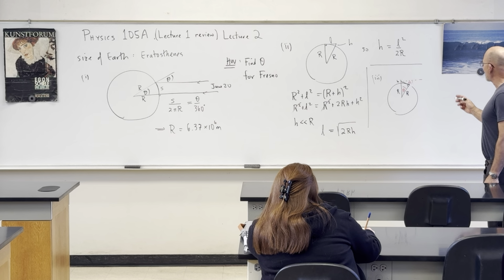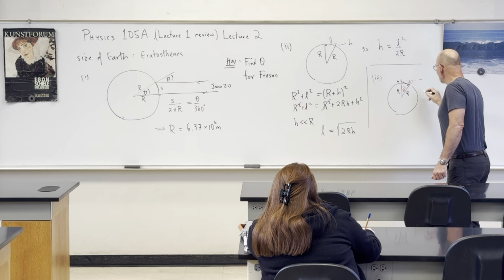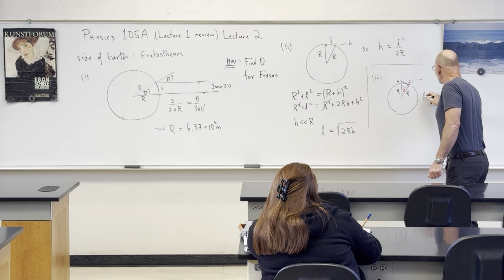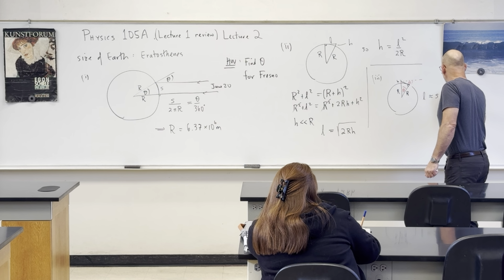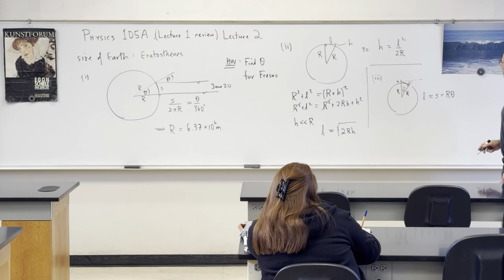So I can use an approximation here. L is going to be approximately equal to S, which is equal to R times theta. And I made a substitution up there.